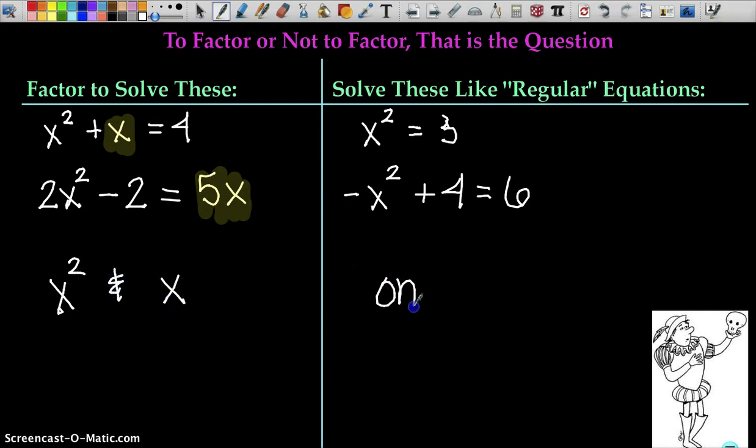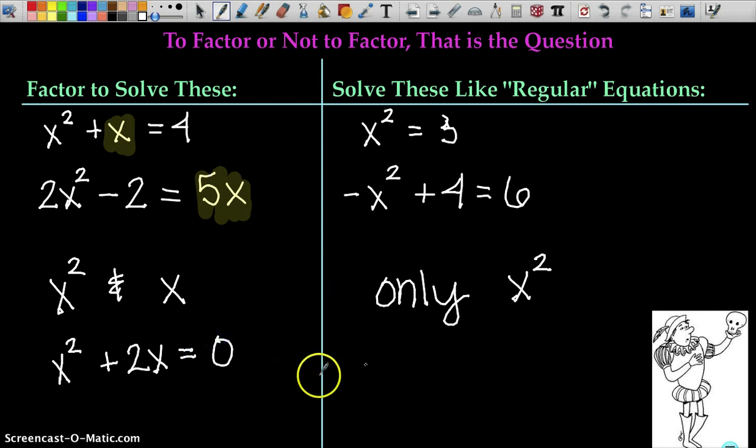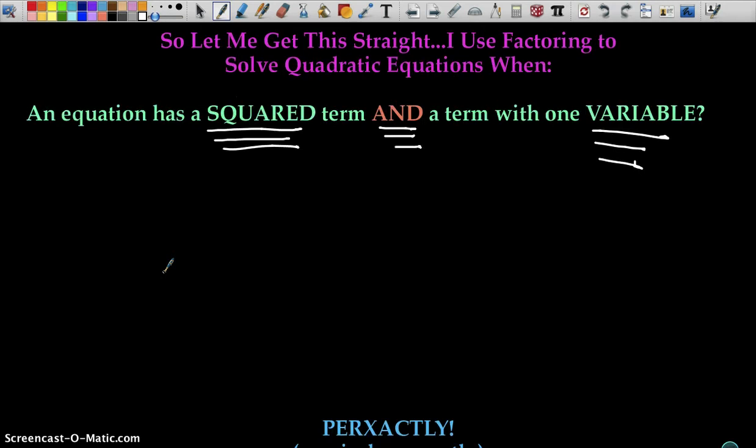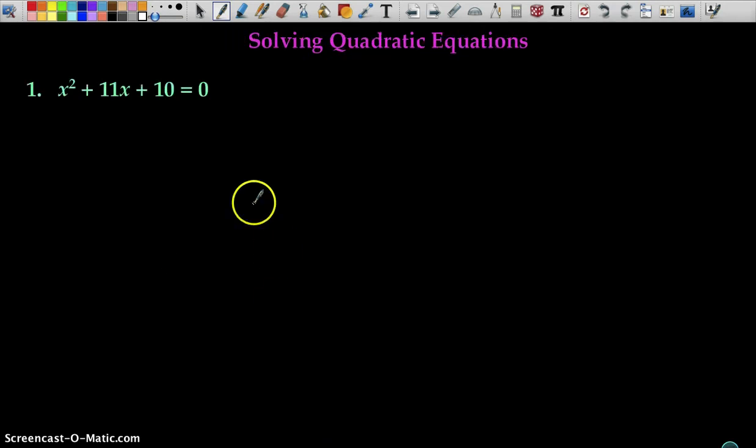Over here, only x squared. So here we have an a and a b term. Over here we have a, but no b. And you would even factor if you had an a and a b, but let's say your c was something like 0. Even still, you would factor to solve those. Okay? Alright, so let's go ahead and factor.